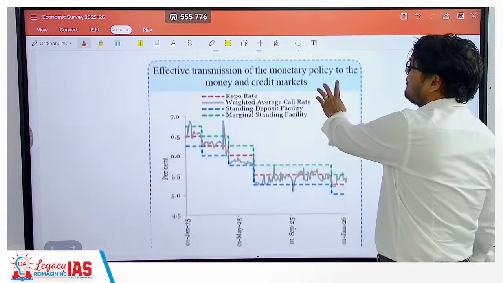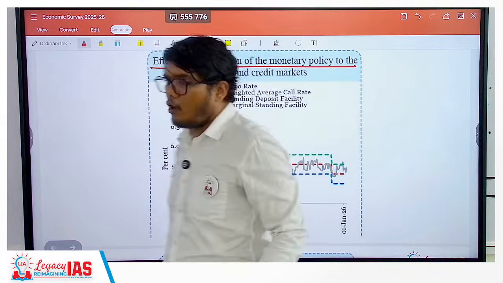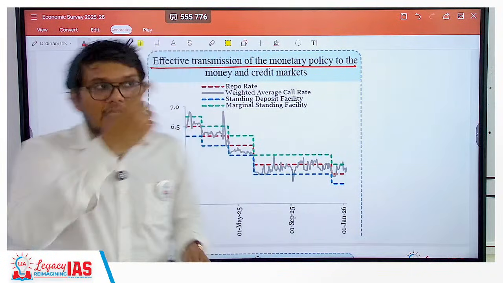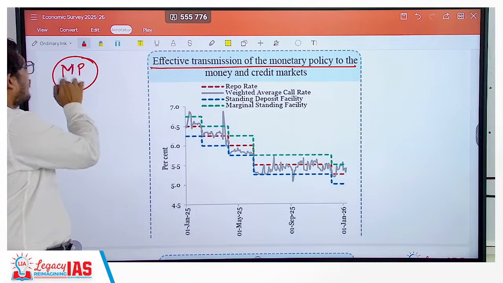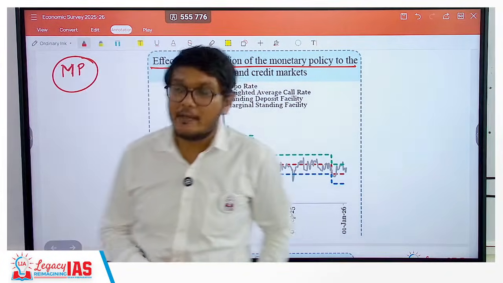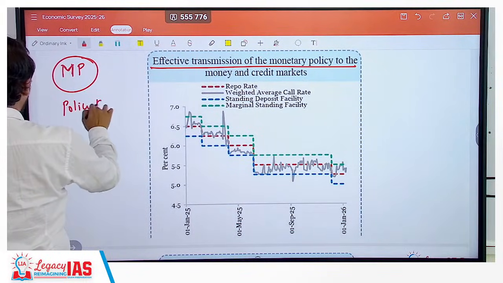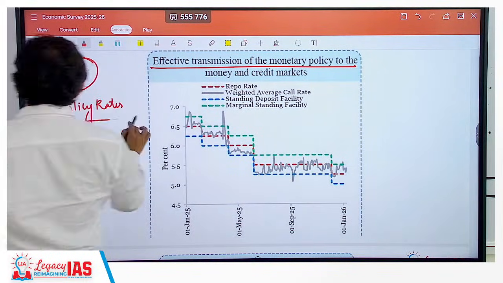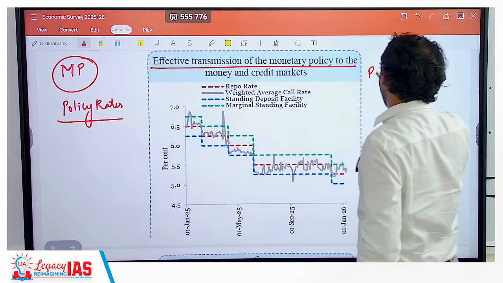Now, one very important thing that this chapter talks about is the effective transmission of monetary policy. Now, what is monetary policy? Monetary policy is brought out by the Monetary Policy Committee, in which they define the policy rates. What are policy rates? For example, your repo rate is a policy rate. So what is this repo rate?